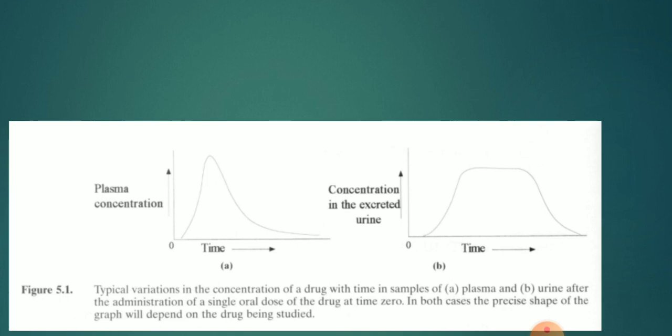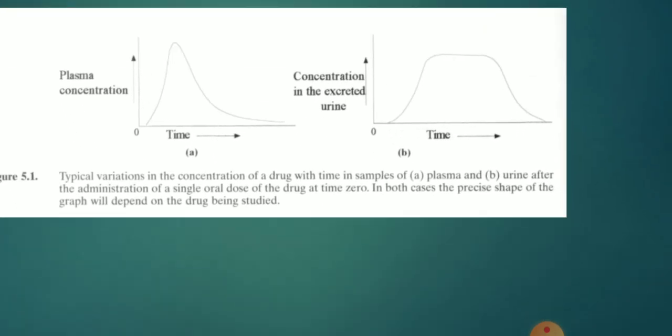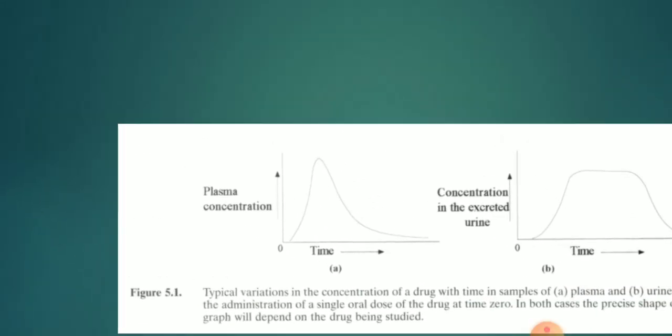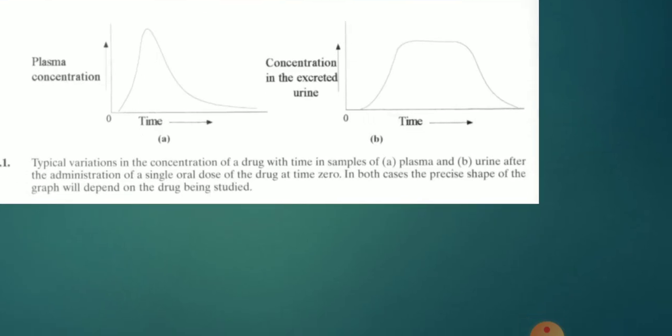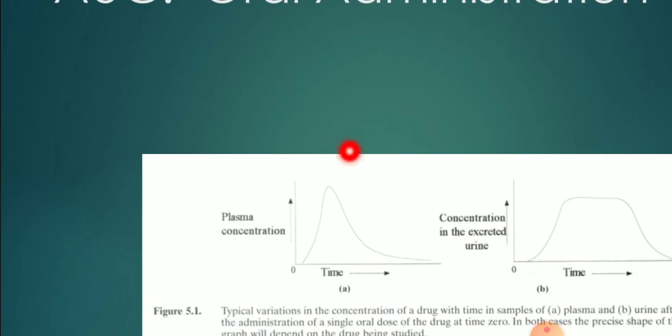There is a term you will read in some books, indices of bioavailability. The indices of bioavailability are determined by a few factors. The first factor is called Cmax, that means the concentration maximum. This part.